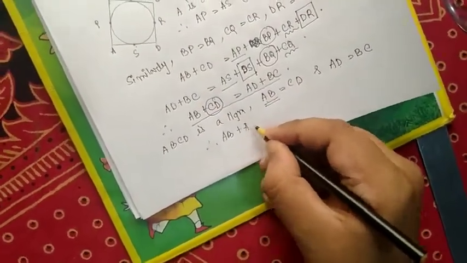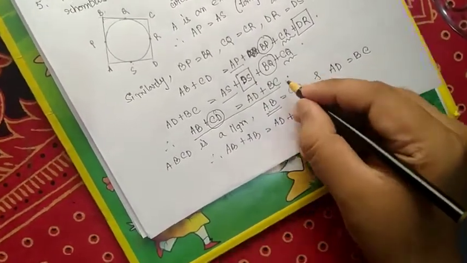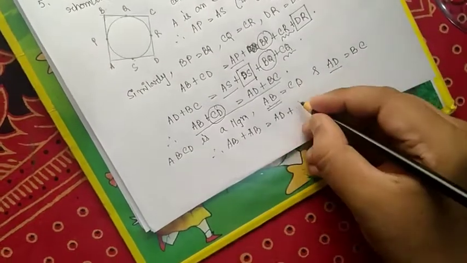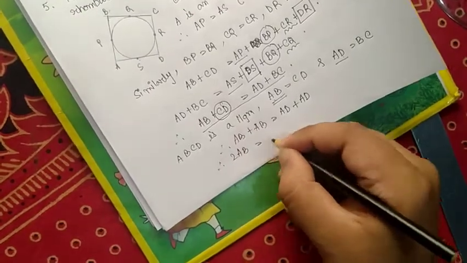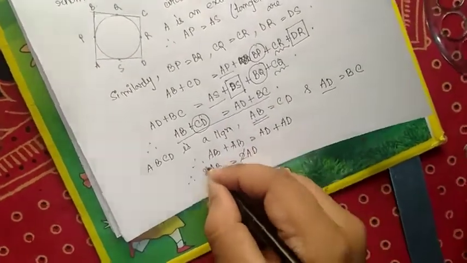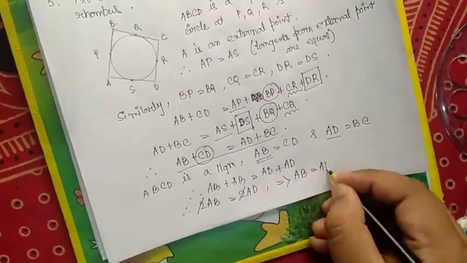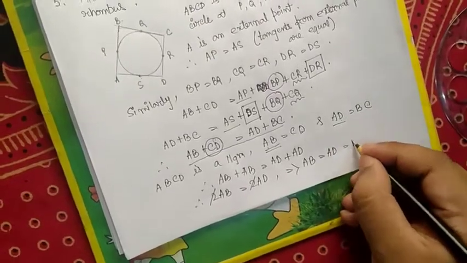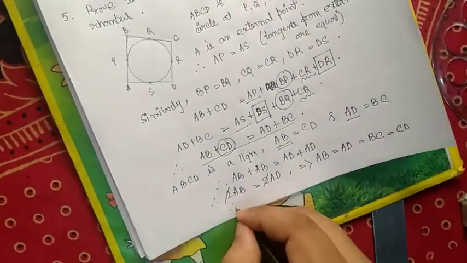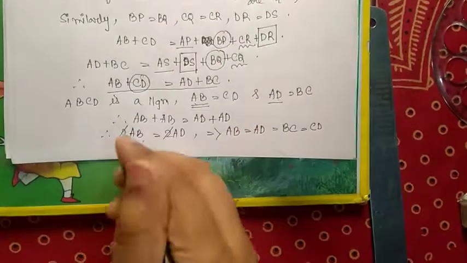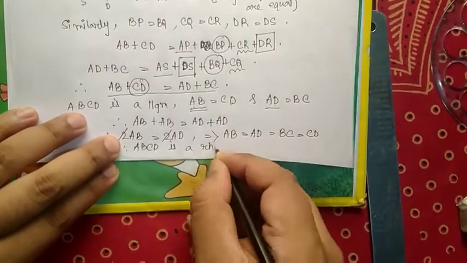So AB plus AB equal to AD plus BC, and in the place of BC we write AD. So therefore 2AB equal to 2AD. If we eliminate the 2, we can write AB equal to AD, and AD means BC and AB means CD. So therefore all the four sides are equal. So therefore ABCD is a rhombus. Very important sum.